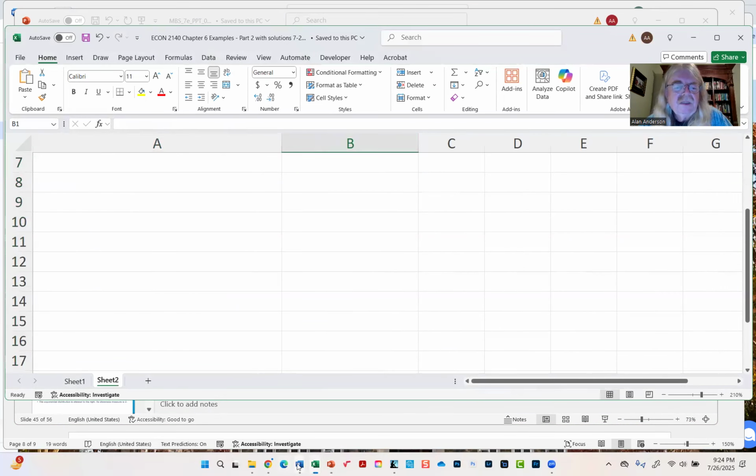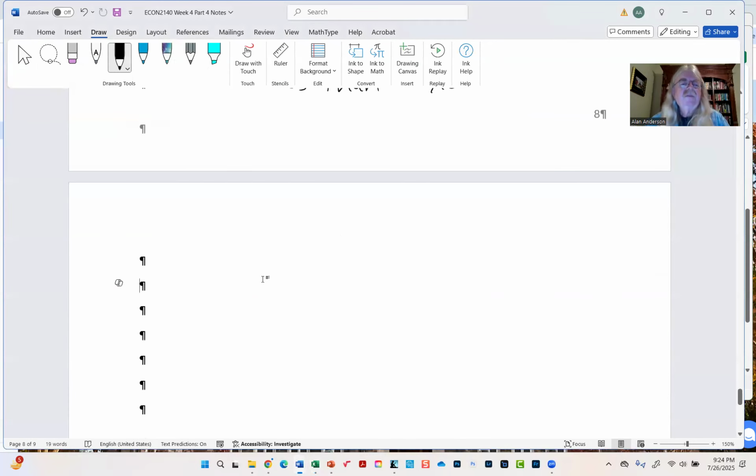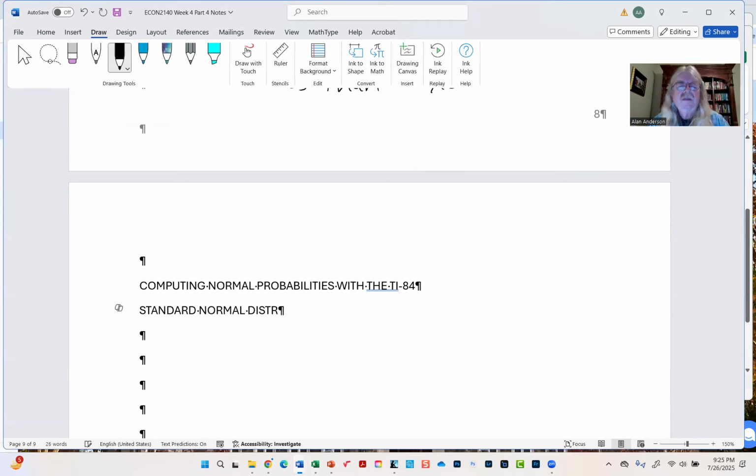All right. So let's see. It doesn't take that long to get used to this. It's fairly straightforward. There's just 1 or 2 quirky things you have to know. So we'll start with the standard normal distribution. Let's just say we'll start out with a simple one.